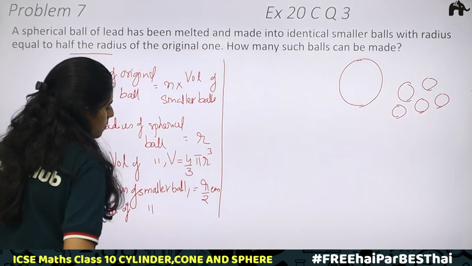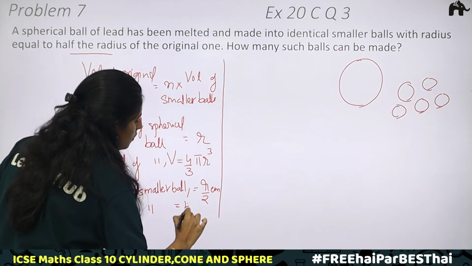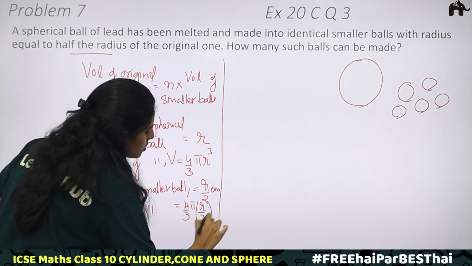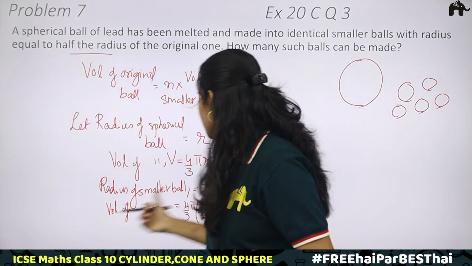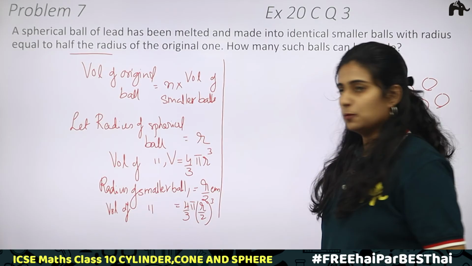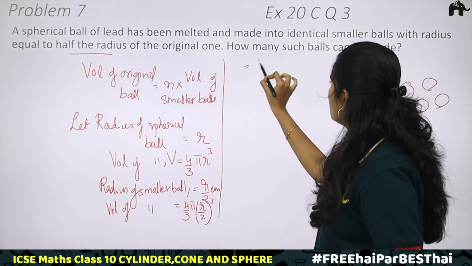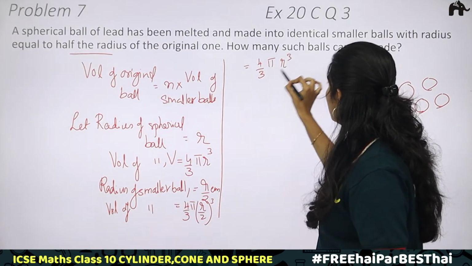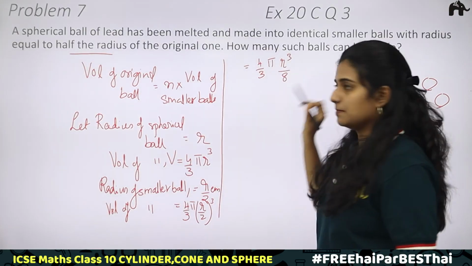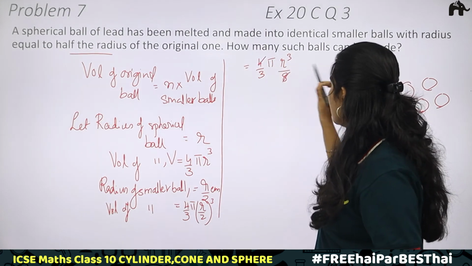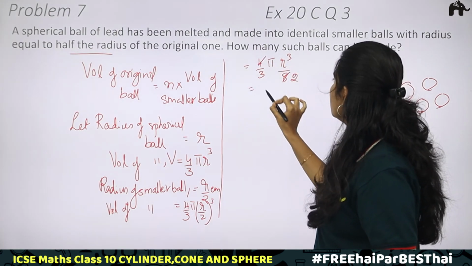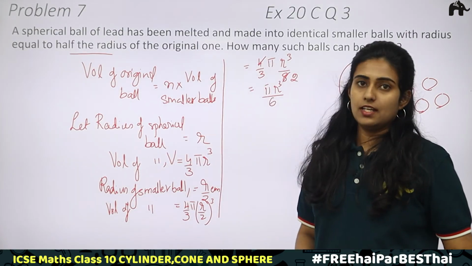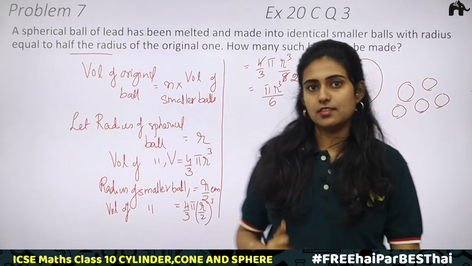Volume of the smaller ball will be equal to 4 by 3 pi, here r by 2 cube. In this case, the radius is r by 2, therefore r by 2 cube. What do we get? 4 by 3 pi r cube divided by 2 cube. 2 cube is 8. 4, 8 cancelled. You get 2 here, which means pi r cube divided by 6 is the volume of the smaller ball.